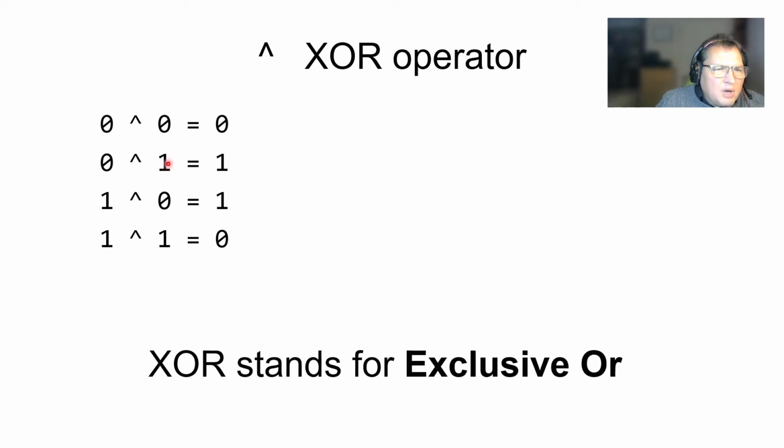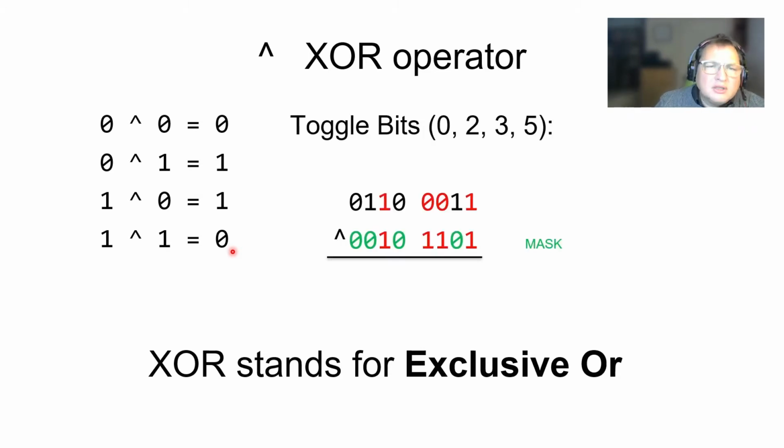If we have either 1 here or 1 here, the value will be 1. But because it is either this or that, not together, 1 XOR 1 is 0. And the XOR operator is used in bitwise operations to toggle selected bits.